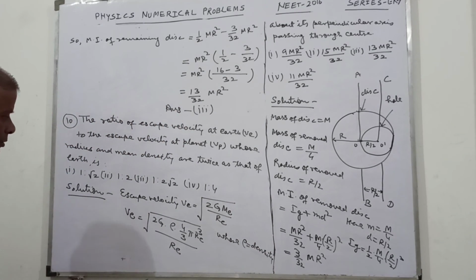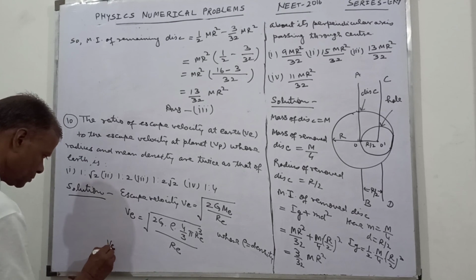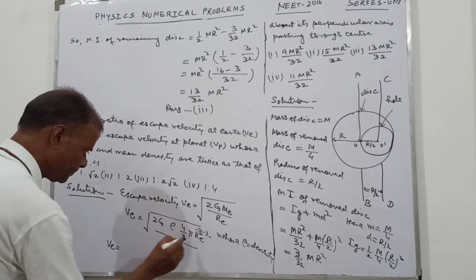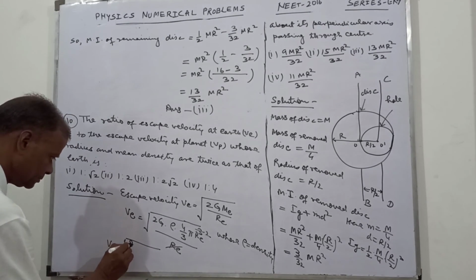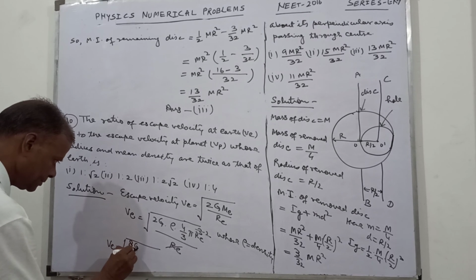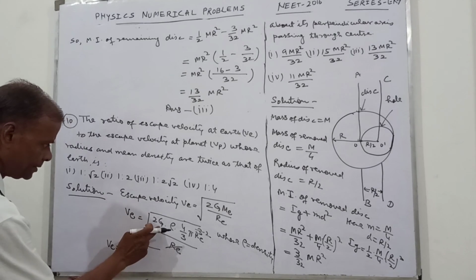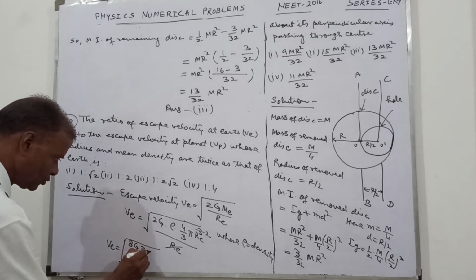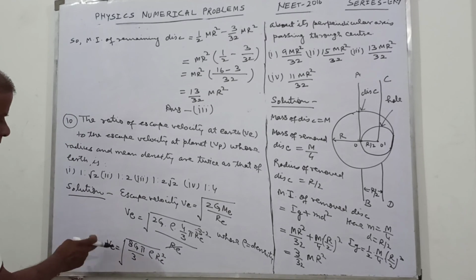So what we find is that VE equals the square root of 8G pi upon 3, times rho and RE square. This is on the Earth.